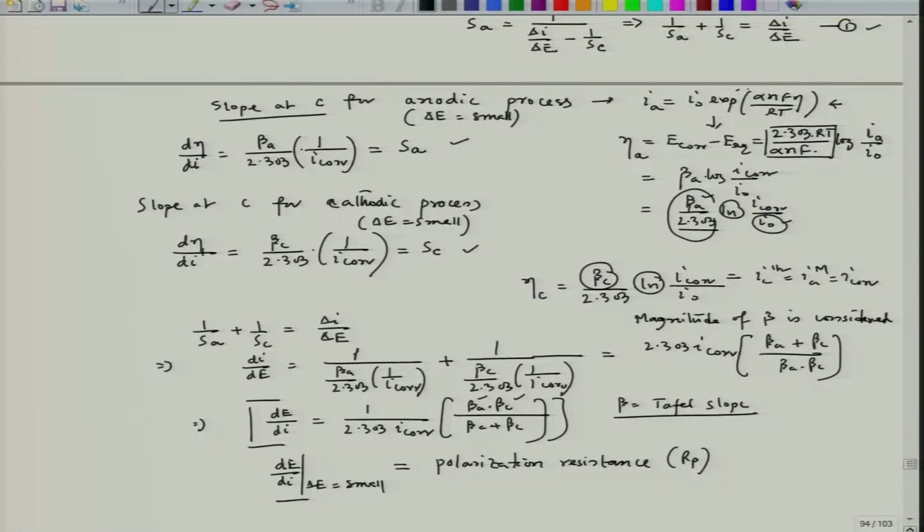So, if we consider two metals in an electrolyte, and one metal has a very high R_p, we can definitely say that that metal has a very high corrosion resistance in that particular solution. And if we know β_A and β_C for both the metals, then of course, we can calculate the corrosion rate in the form of I_corr. And how do we do it?